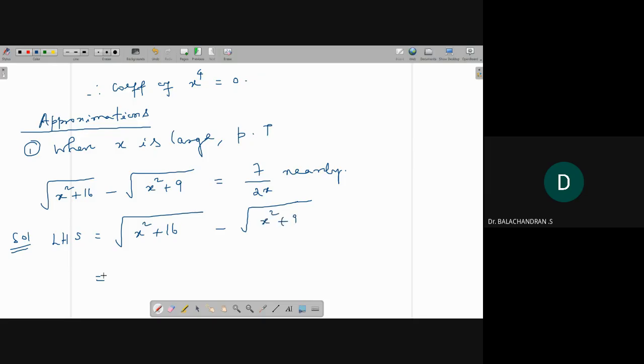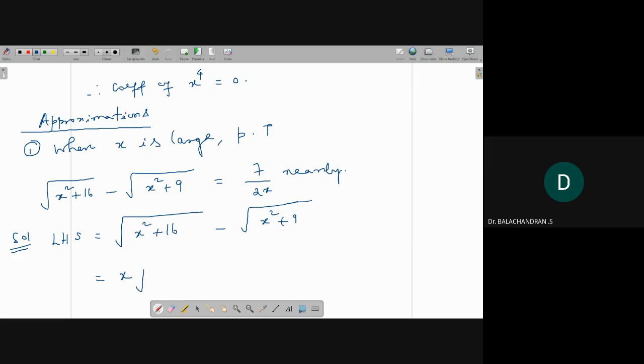So here I am going to take x square commonly, because on the right hand side I need x in the denominator, and also if x is large, you need to take the term which contains x commonly. If x is small, then you should take the constant term commonly.